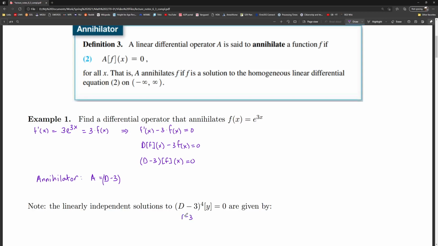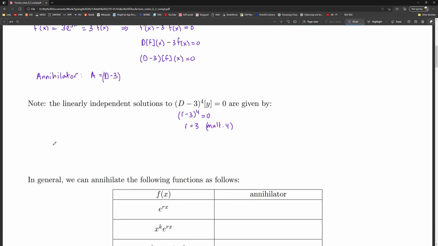We looked at the auxiliary equation, set that equal to 0, and that gave us r equals 3 with multiplicity 4. And so the solutions were given by y1 of x equals e to the power 3x.